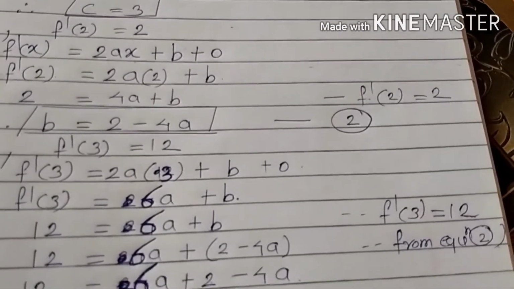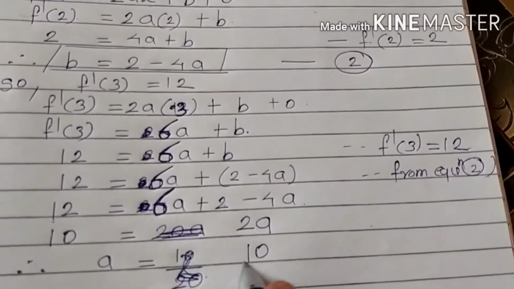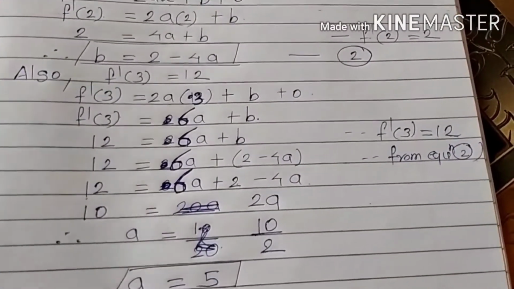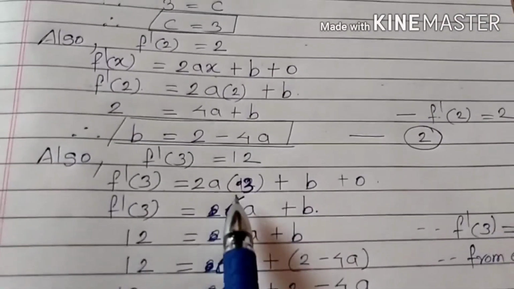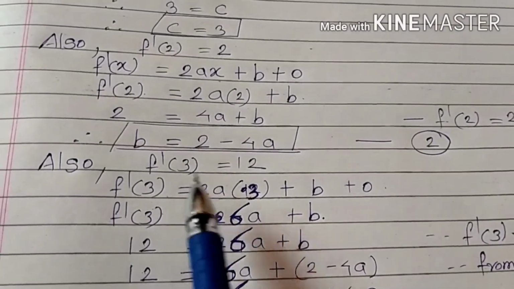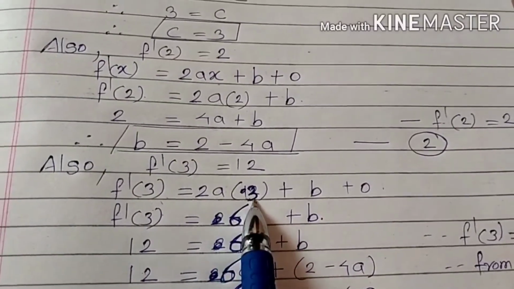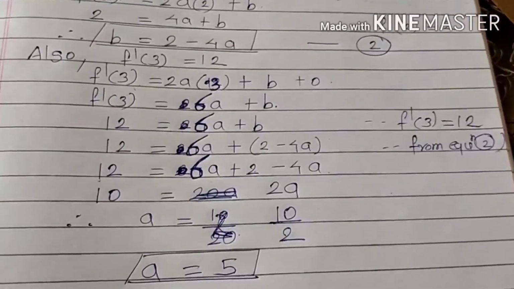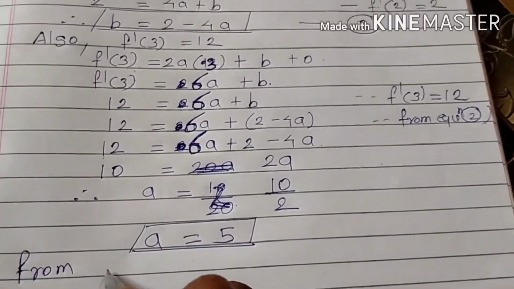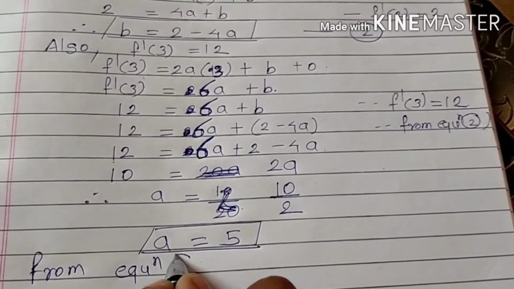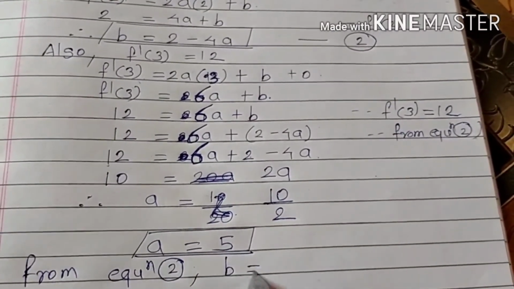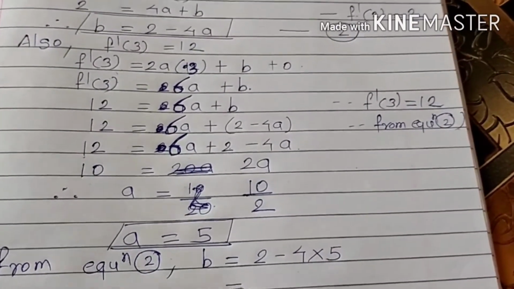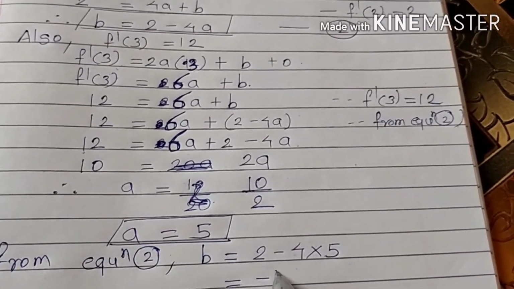So a is equal to 10 upon 2, that is, a is equal to 5. Sorry for that mistake. Now from equation 2, b is equal to 2 minus 4 into 5, so it is 2 minus 20, that is minus 18.